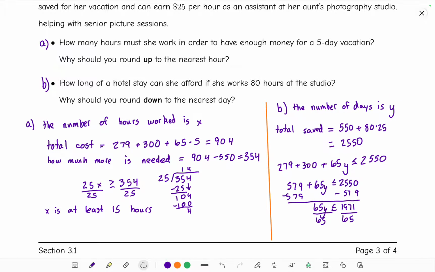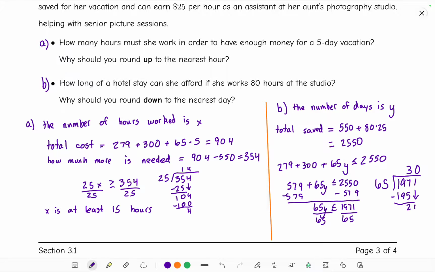And just like with the previous part, we do need to get the decimal for this. So we go 1971 divided by 65. 65 can't go into 1, can't go into 19, but it can go into 197 3 times. Subtract, drop the 1. 65 can't go into 21, so we get 30.